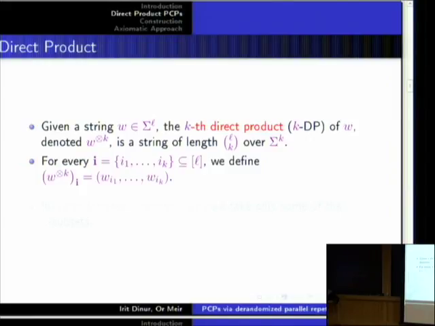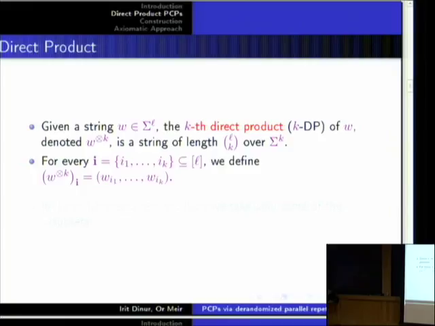So if the original string says 1, 2, 3, 4, then the two-direct product will have symbols that contain two digits, and it will be something like 1 2, 1 3, 1 4, 2 3, 2 4.